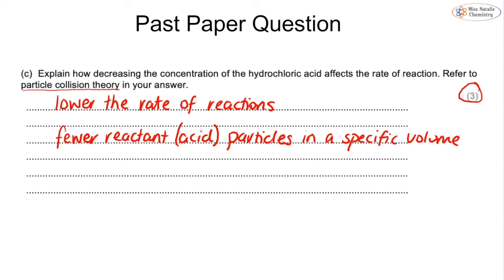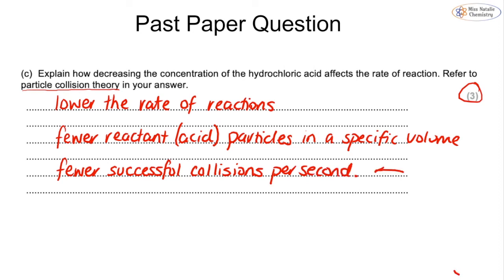I am decreasing the amount of particles I have in my specific volume. Why does that cause a lower rate of reaction? Because I have fewer successful collisions per second. I must always link it to time.